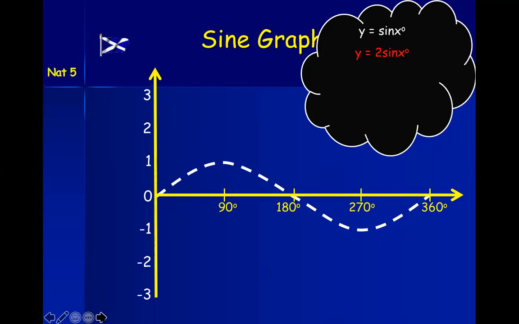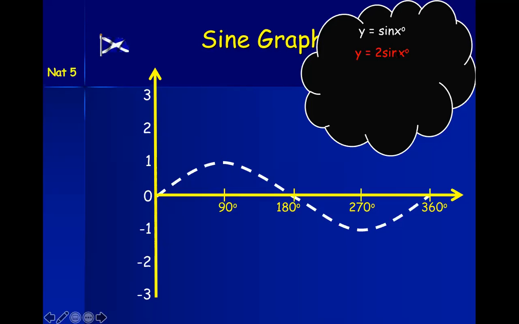Now, if I ask you to change, remember we've got an invisible 1 here. Change that invisible 1, which gave me an amplitude of 1, to a 2. What do you think the amplitude this time is going to be? 2, yeah. So the only thing that gets changed here is the amplitude.